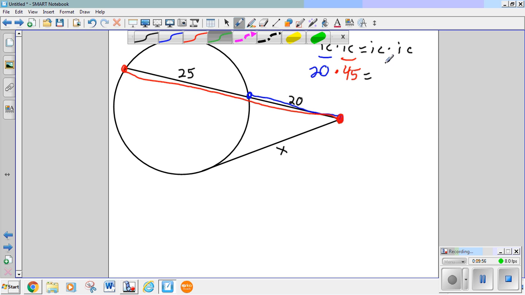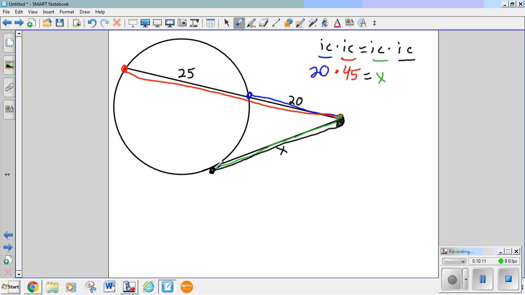On the bottom segment, from the intersection to the circle is x. And from the intersection to the circle again, the only choice we have here is to do x again. It's the same distance each time there.